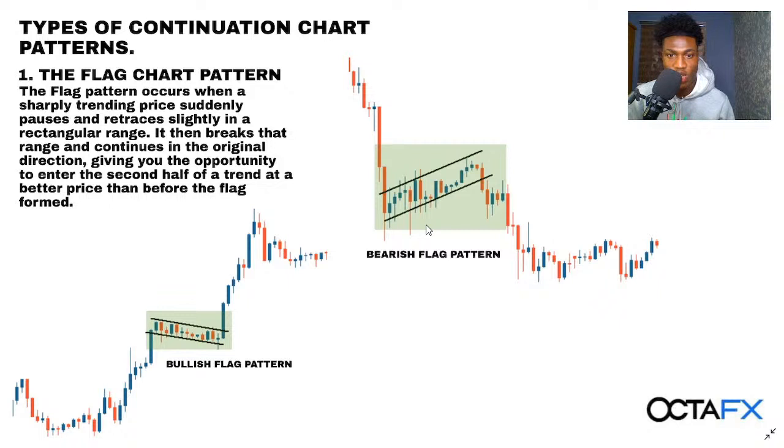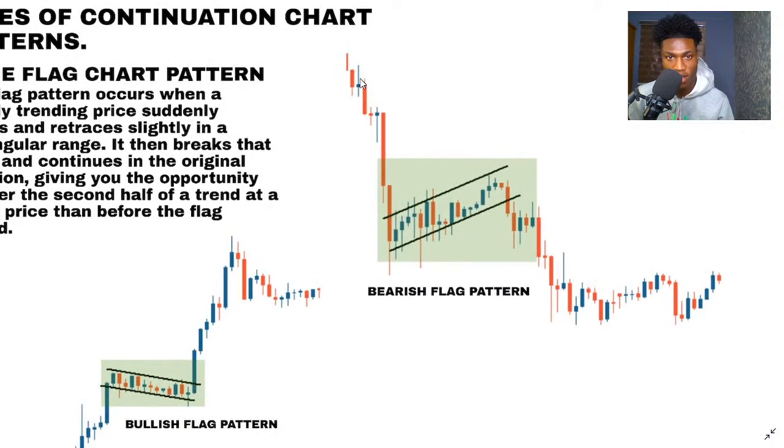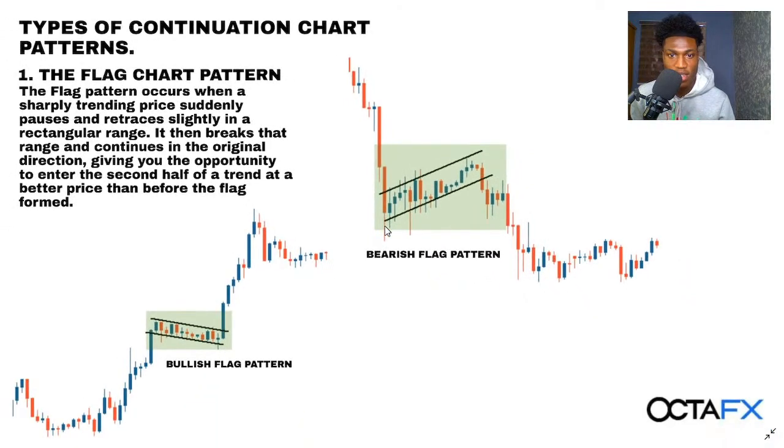Now, the easiest way to understand the illustration is to take this definition and just apply it to the illustration. It occurs when a sharply trending price, if you look at this illustration up here, you see that this price is on a sharp downtrend, right? And then price suddenly pauses and retraces slightly in a rectangular range.